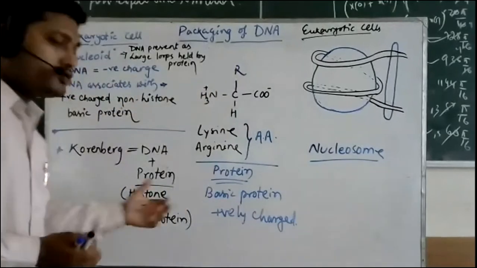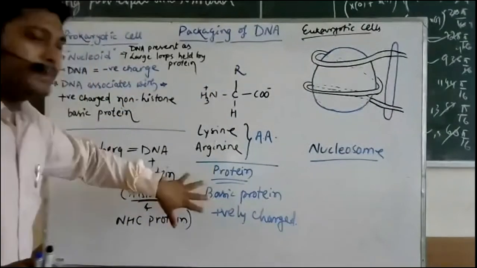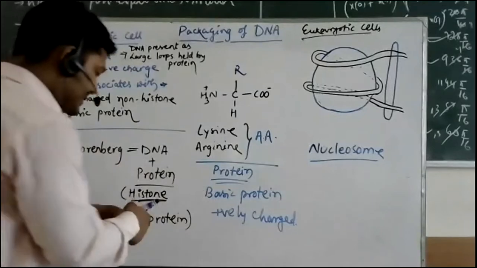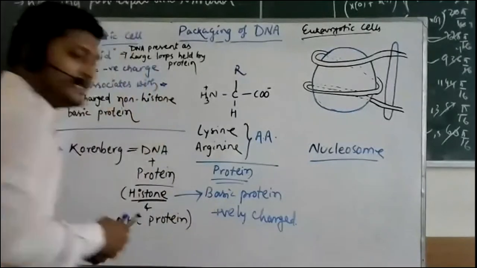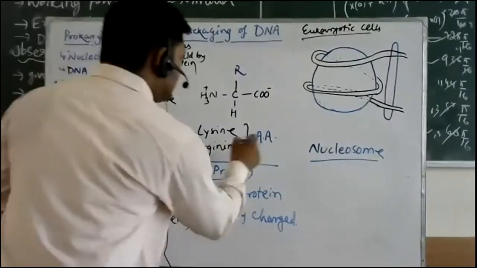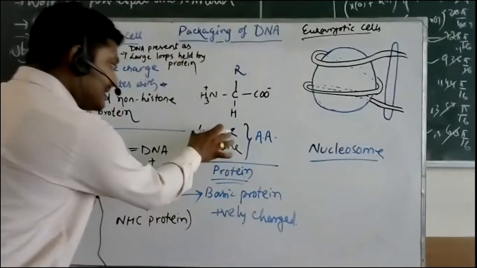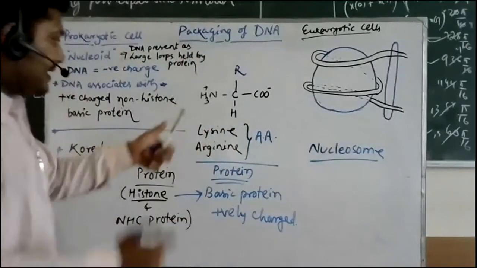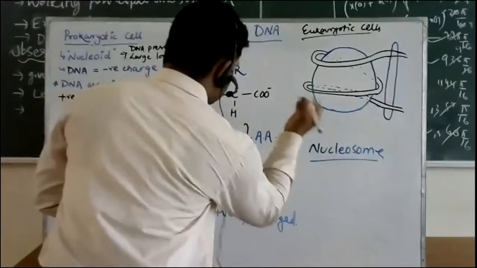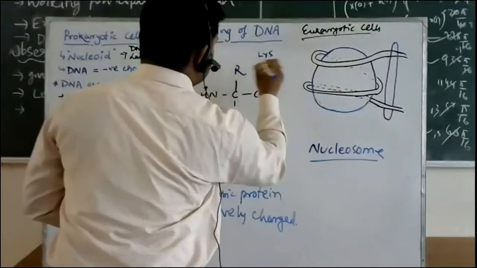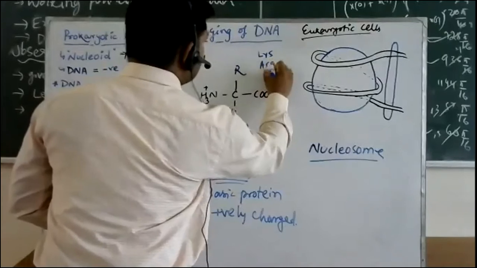So histones are basic proteins, and these basic proteins are rich in these two amino acids, especially lysine and arginine. You can write down the short forms: LYS is lysine, ARG is arginine.